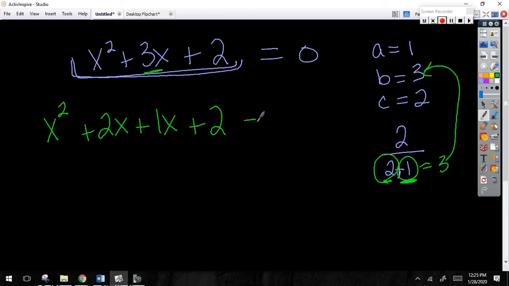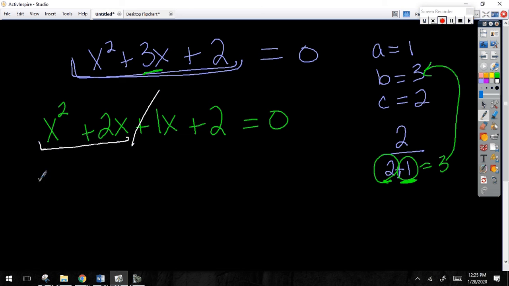Now, next thing I want to do is I want to look at it as 2 pieces. Okay? So I always call this a slash problem. I always say slash it in half. Look at the first 2 terms in the equation. What is the GCF? x, right? I can take an x away from both of them.